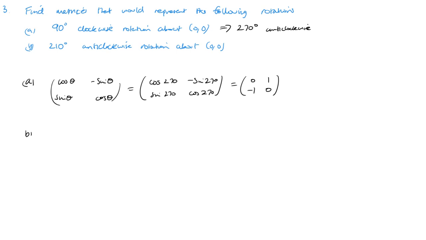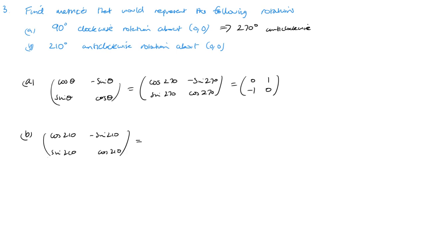So that is that, and then 210 degrees anti-clockwise. Well, without thinking about it, you can just put that in. So cos 210, sine 210, minus sine 210, cos 210.